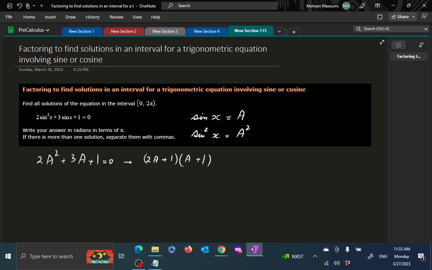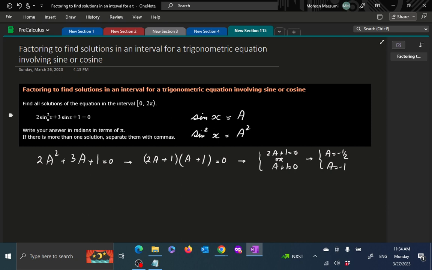So I have 2a squared and a 1. 2a times 1 plus a times 1 adds up to 3a. So this is the correct factorization. Now we apply the zero factor theorem. Either 2a plus 1 is 0 or a plus 1 is 0. That tells us a is minus 1/2 or a is minus 1.